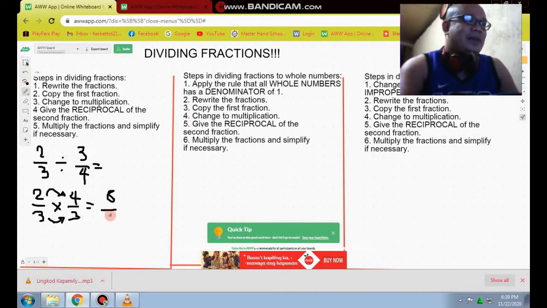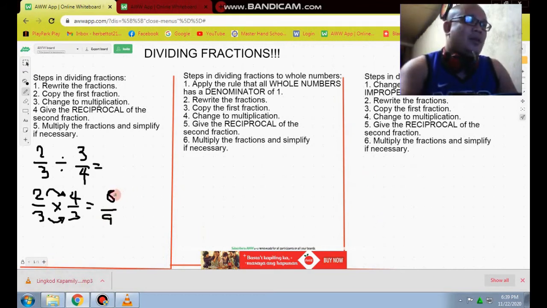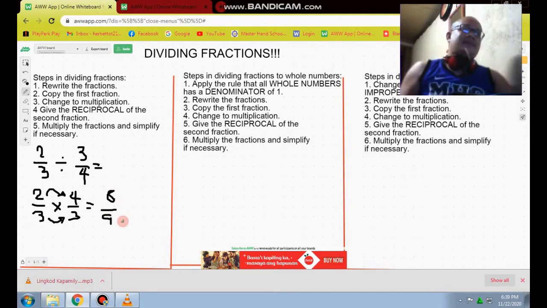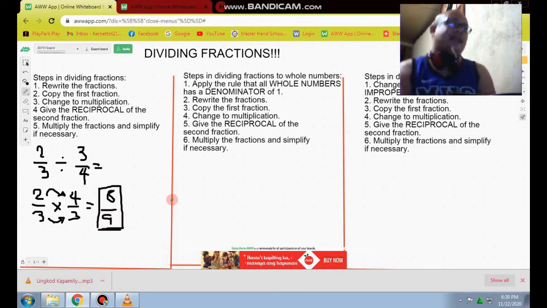Pwede ba siyang i-simplify? So I think it's not, no? Kasi yun na yung pinaka simplest form niya, no? Walang common factor yung 8 and 9. Alright? So yun yung answer natin, class. 8/9. Pero kung kailangan i-simplify, no? Kung may common factor silang dalawa, so i-simplify natin.